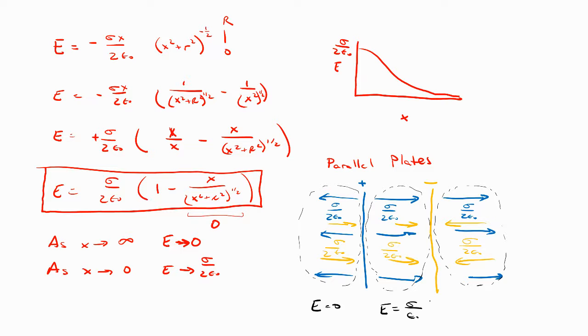And over here, we see that the electric fields are in opposite directions, and so they cancel out. And so the electric field between parallel plates is uniform and has a value of the surface charge density over e naught, whereas outside the parallel plates, the electric field is 0.